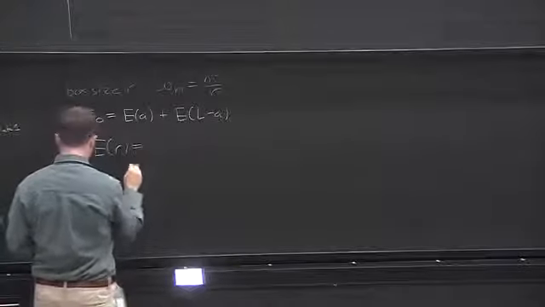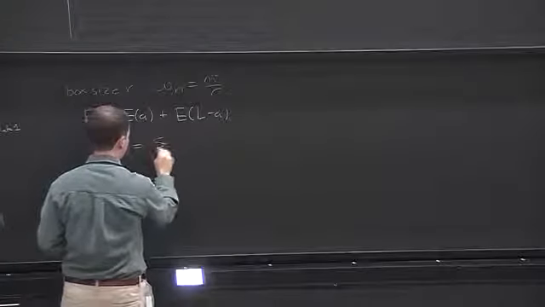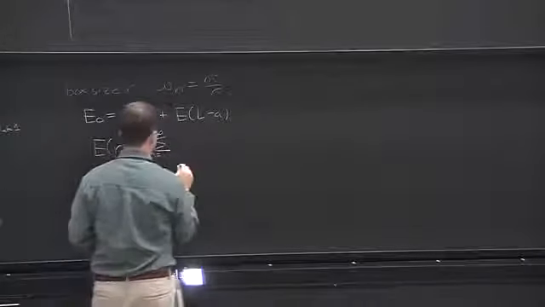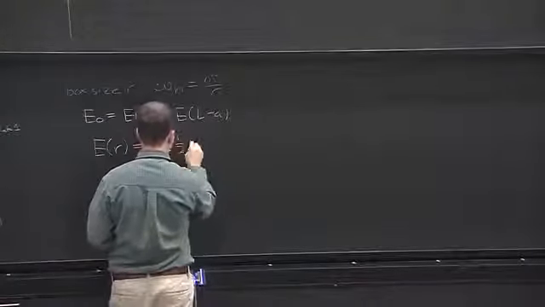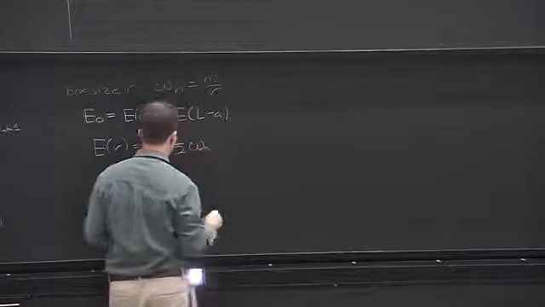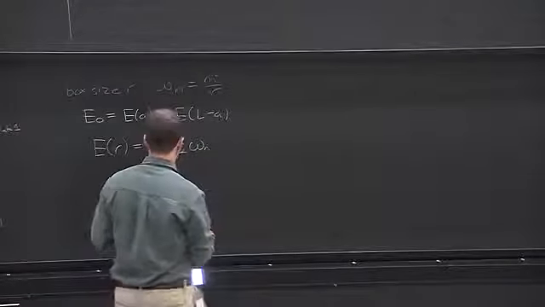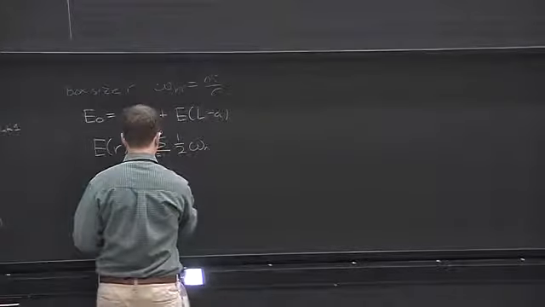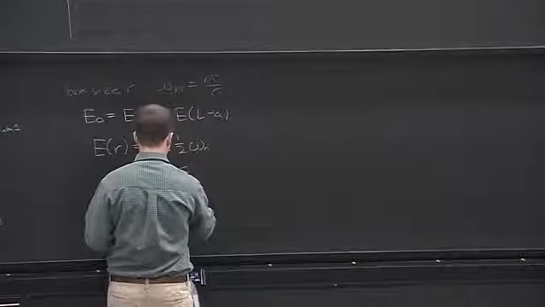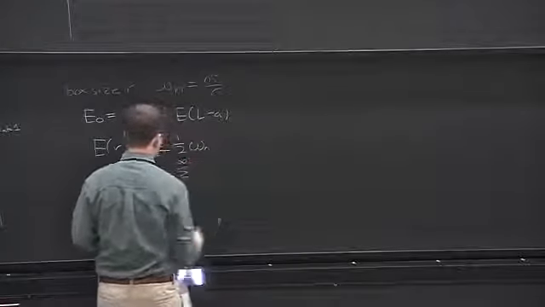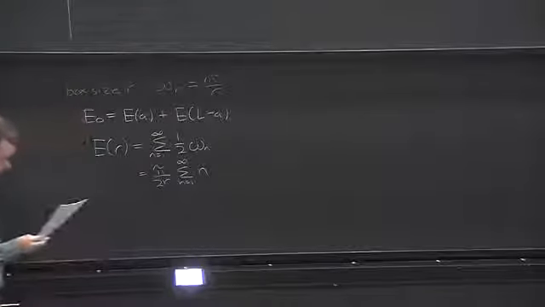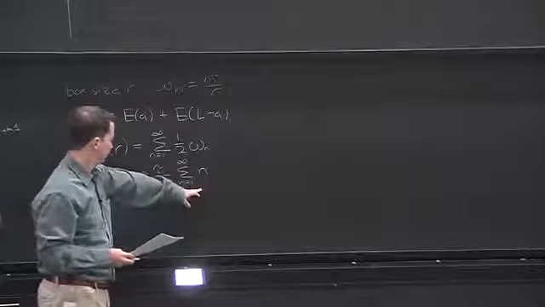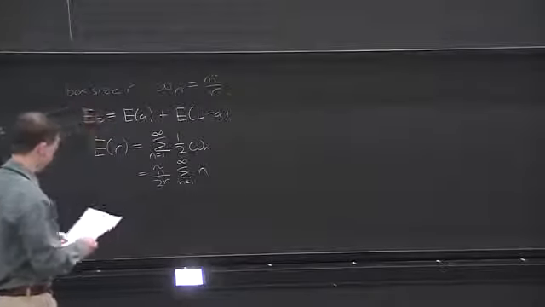Now, E of R should just be the sum of the energy of each of the allowed modes, which is this, which clearly diverges because the sum of the positive integers diverges.